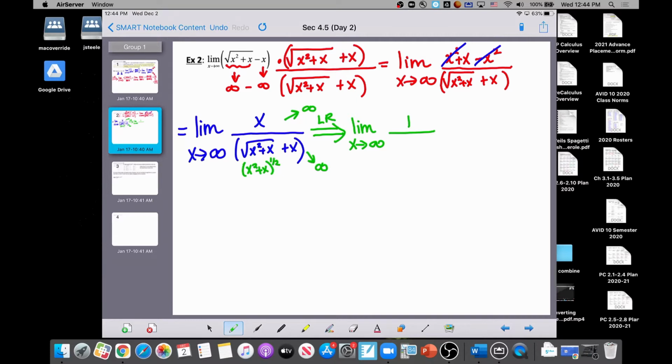So the derivative of that would be 1/2 times x squared plus x to the negative 1/2 power times, chain rule, the derivative of x squared plus x, which is 2x plus 1. That's just the square root part. And then plus x, well, the derivative of x would be 1, so that's plus 1. And this is all in my denominator.